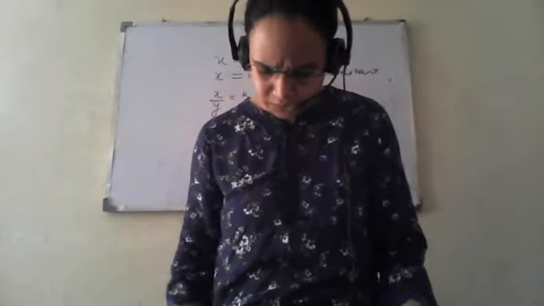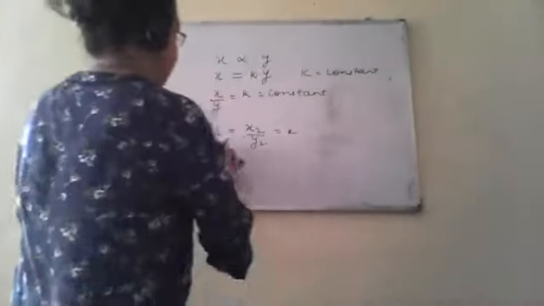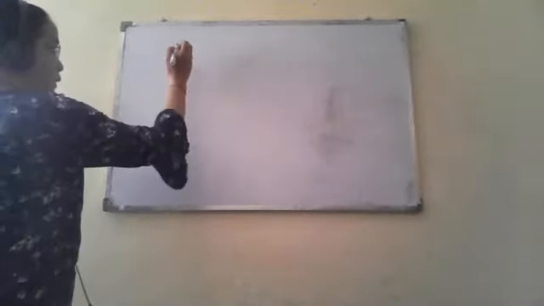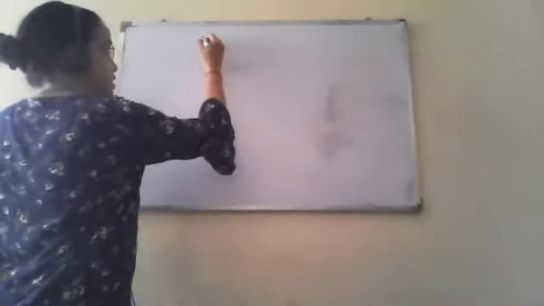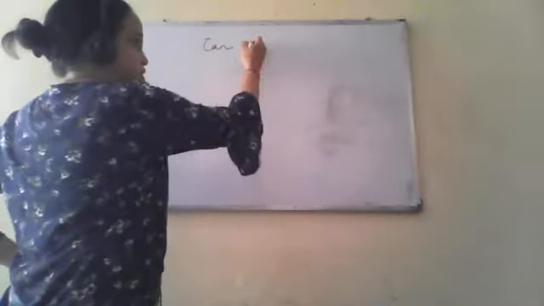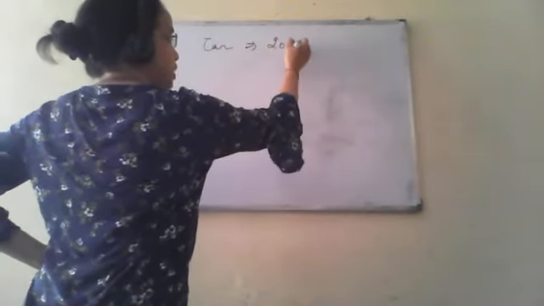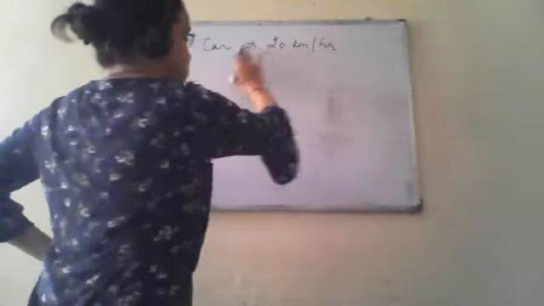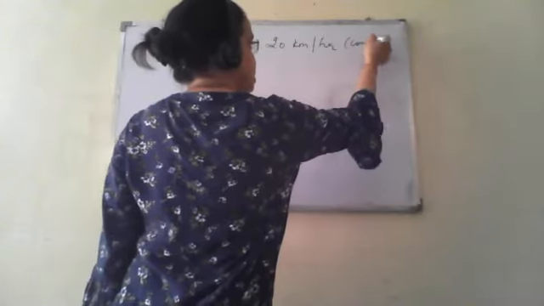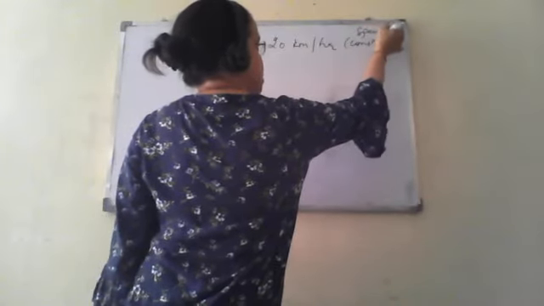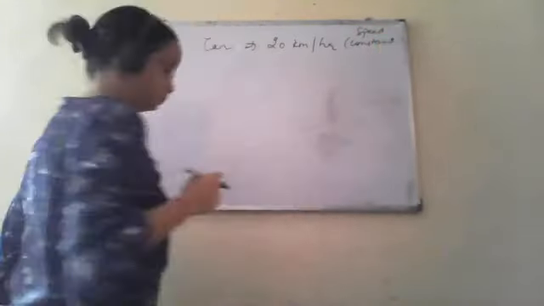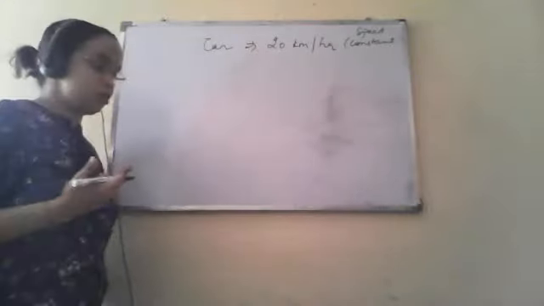Now see, we'll take one more example. Suppose there is a car, its speed is 20 km per hour. The speed of the car is constant. We are not changing the speed. Now we have to go to one city.